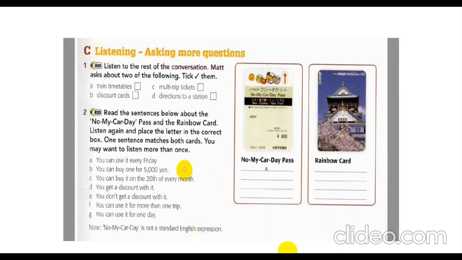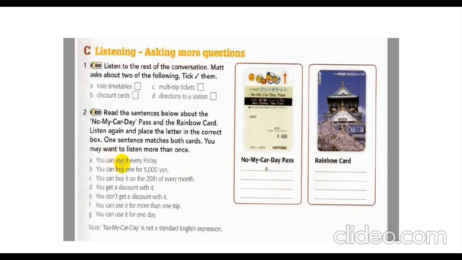Try to listen more than once to catch the information correctly. Try to list the information under each card.